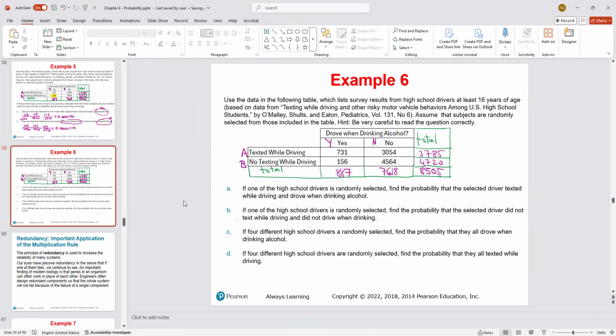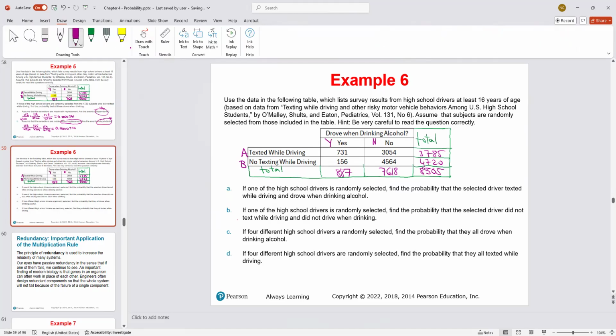If one of the high school drivers is randomly selected, find the probability that the selected driver texted while driving and drove when drinking alcohol. So for now, what you need to see here, remember the "and" is look for the number for both of them.